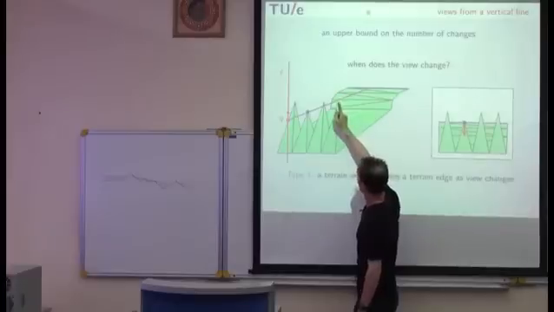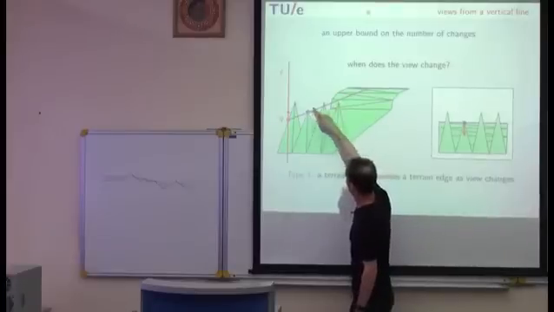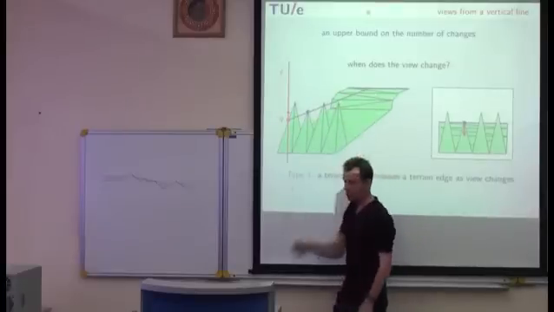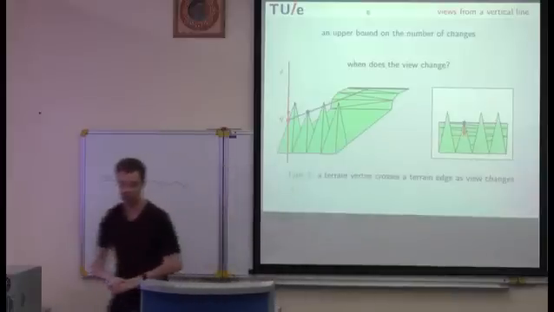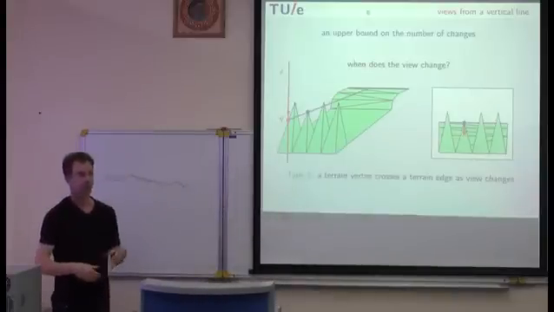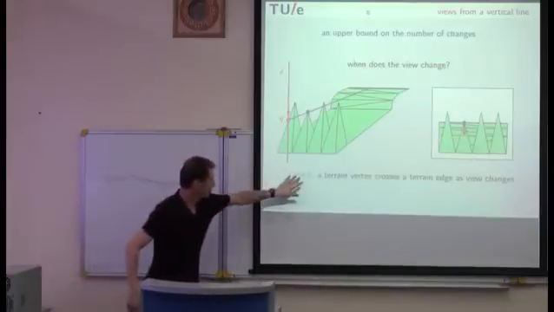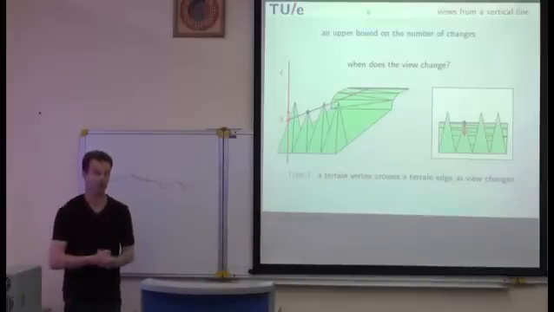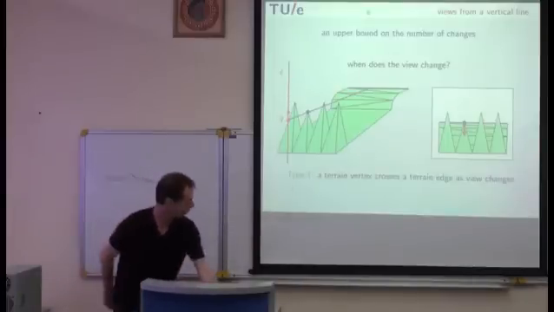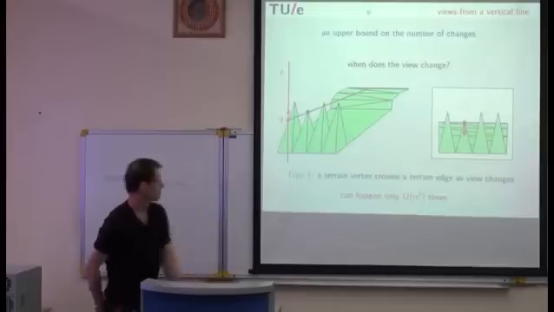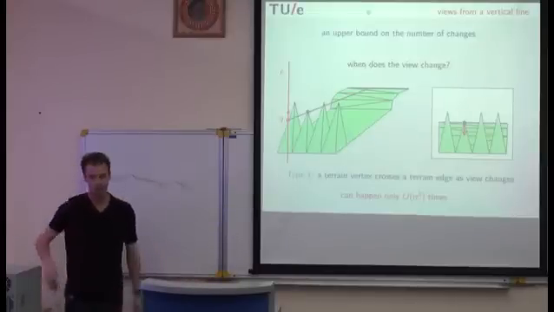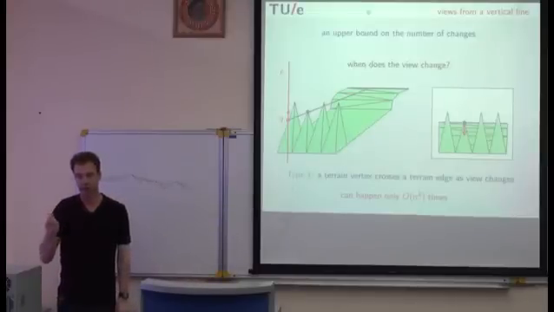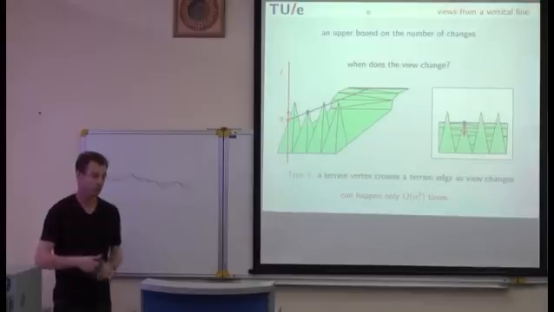Okay? Well, for every pair of vertex edge, this happens only once. Okay, so of this type of events, when I move up, I have only n squared. Okay, so that's easy. But there's also other events, other things where the view changes.